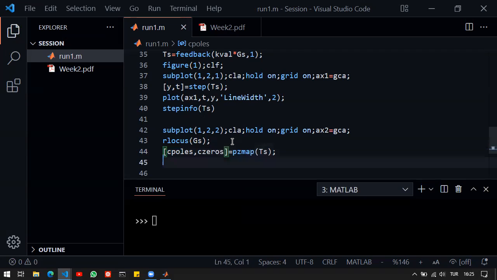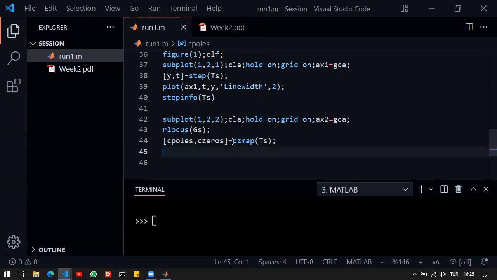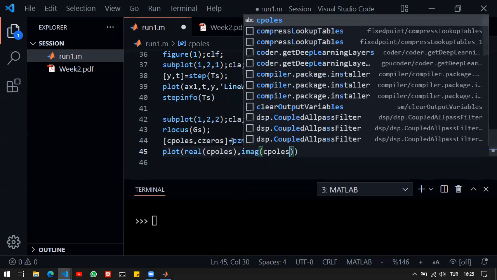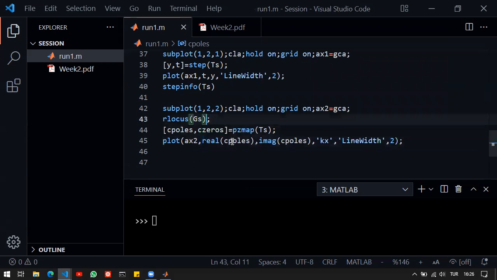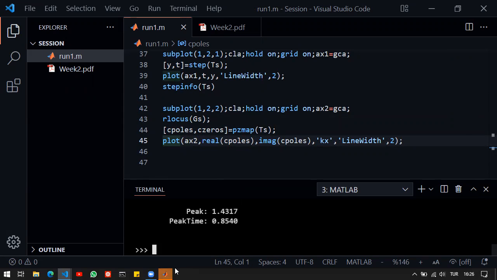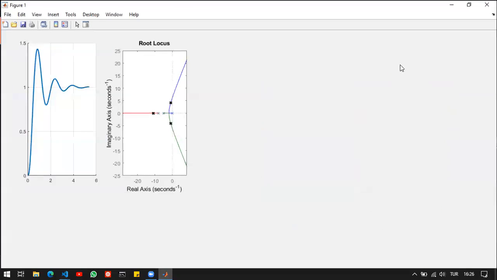And I provide the closed loop here. So now I want to plot the poles, the real part of C poles versus the imaginary part of the C poles. And let's place in some crosses with line width 2. Of course, I could also say that this is ax2. Now, let's see. Hopefully. There we go.